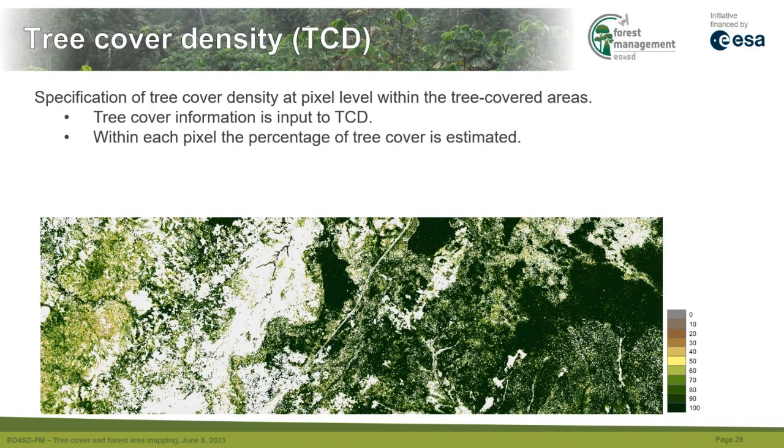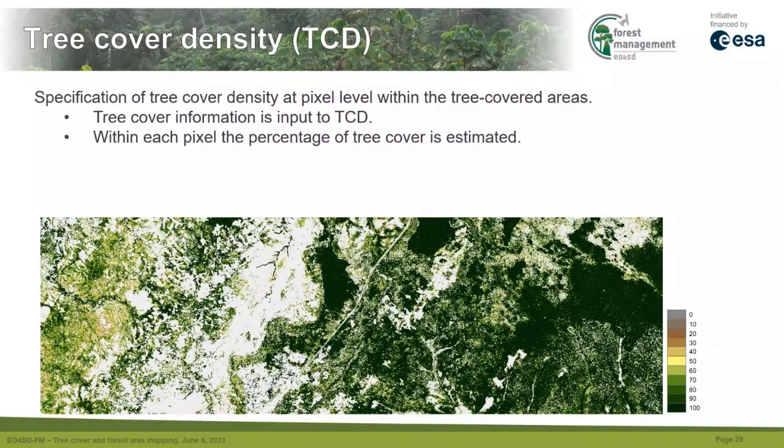And now we go into the specific tree cover density. The tree cover density product is directly derived from high resolution satellite data, that means Sentinel, Landsat, or whatever, and it provides information on the proportion of canopy cover per satellite pixel in the range of 0 to 100%. So each pixel will now represent the canopy cover from 0 to 100%.